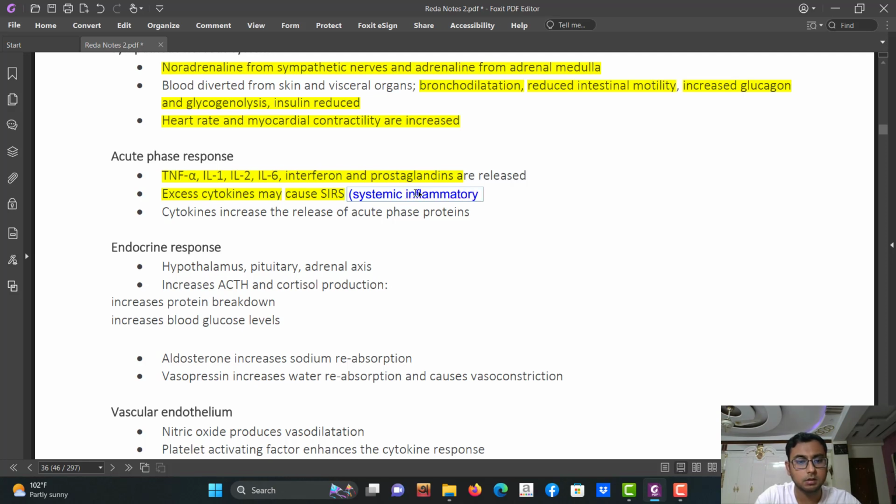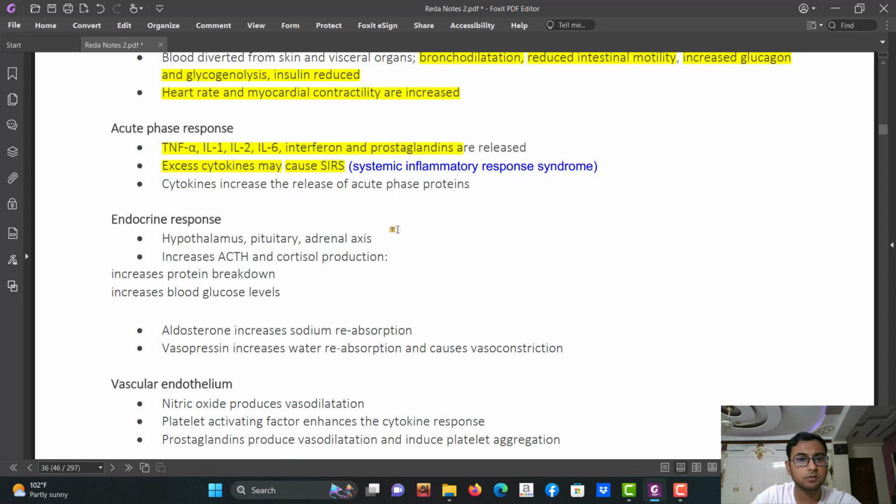That is one of the important things. So cytokines increase the release of acute phase proteins; SIRS is very important.